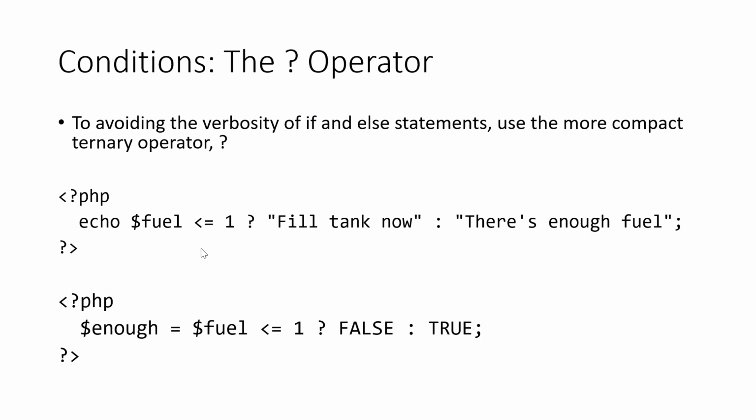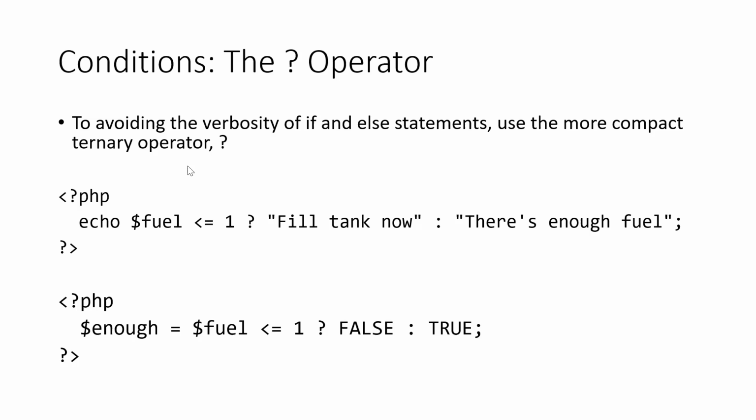A more compact operator is what we call the ternary operator, which can be used for simple selections. For example, instead of saying if and else, you can use the ternary operator here, which is if the fuel is less than or equal to 1, we output fill tank now. Otherwise, we output there's enough fuel.